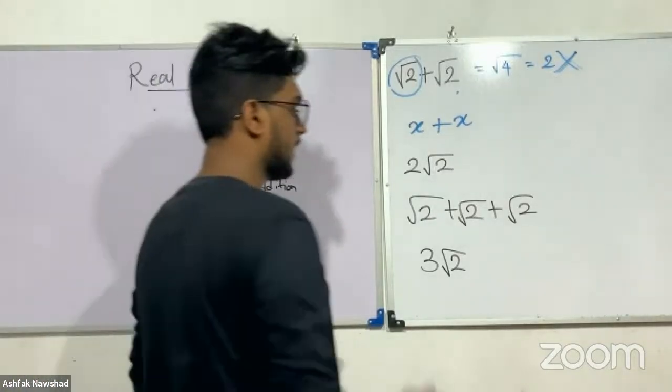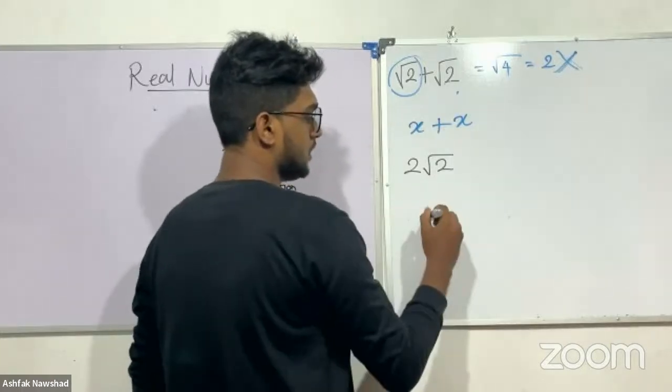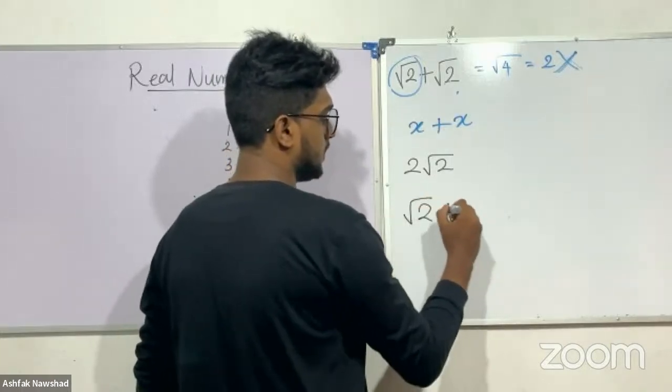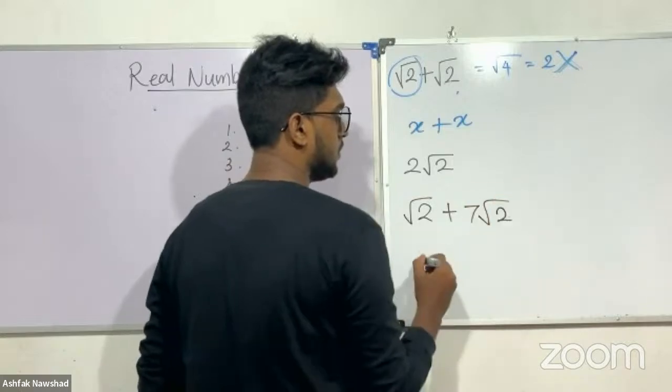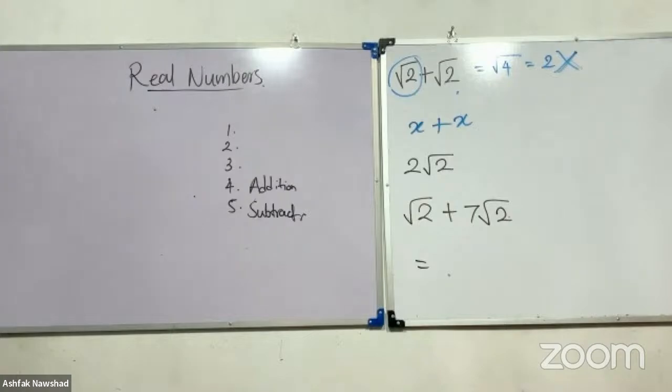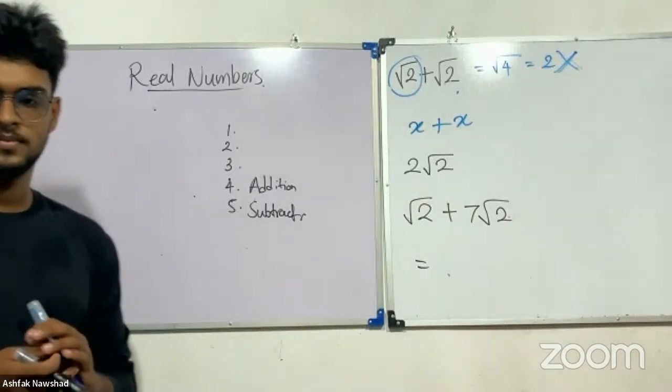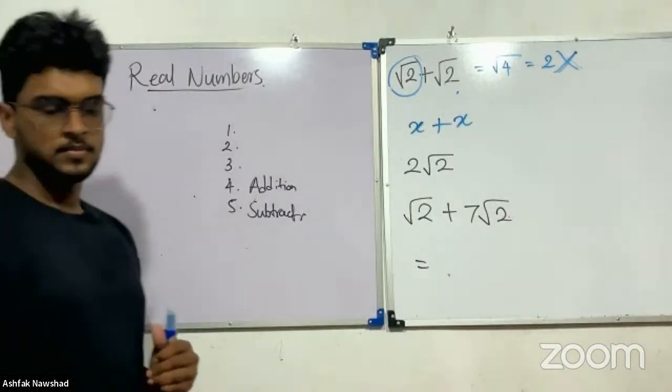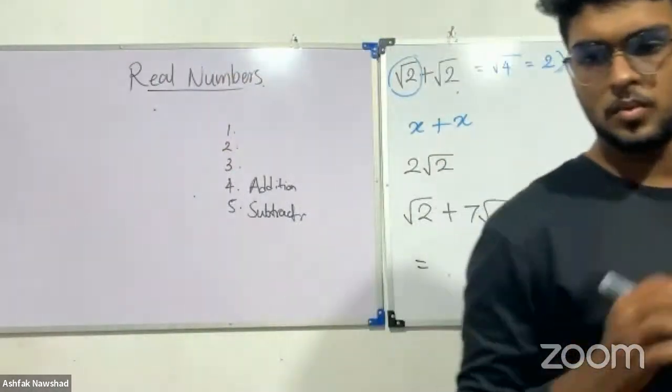Okay. And then if they give you something like root 2 plus 7 root 2, what would be the answer?